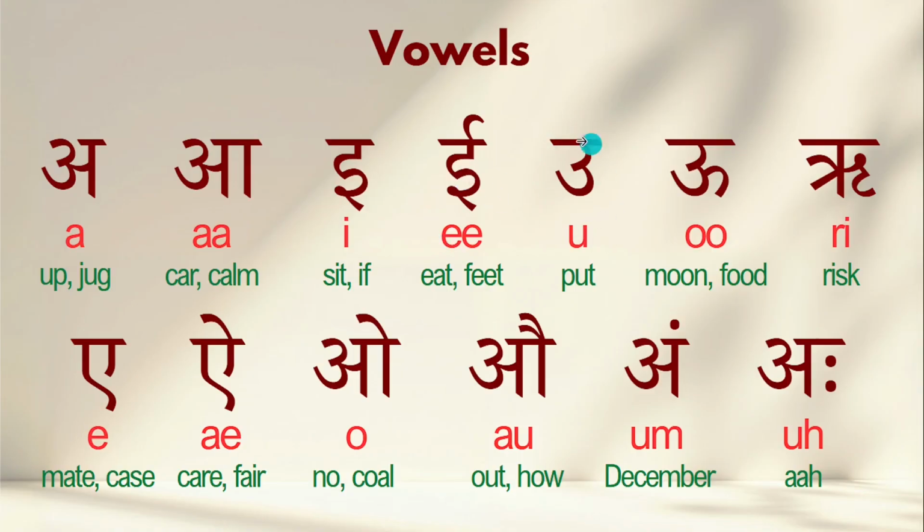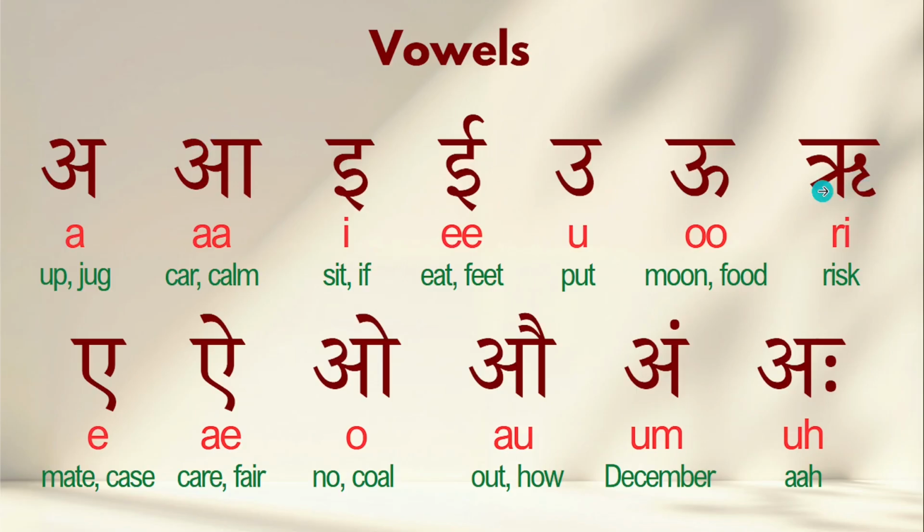Okay, so then this is u. So u will be put, should. Then this is oo, that will be moon, food, noon, things like that. Then this is ri. Ri is generally not put in a word like this; only this end part, this curved part, will be there.